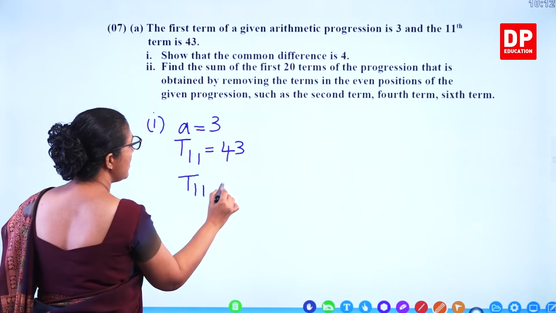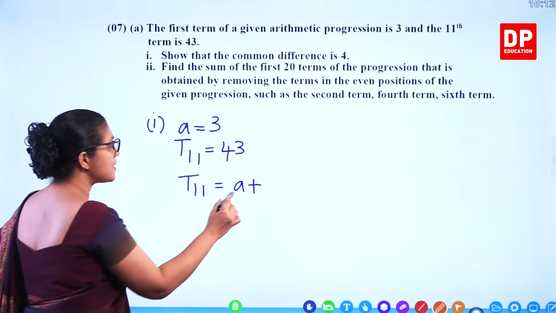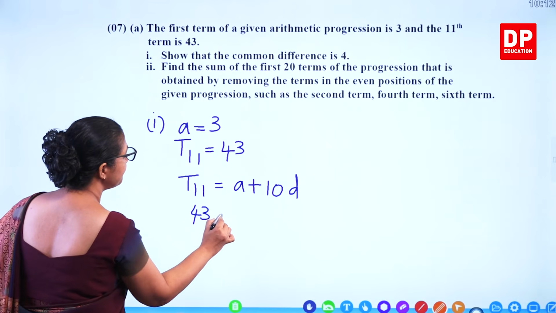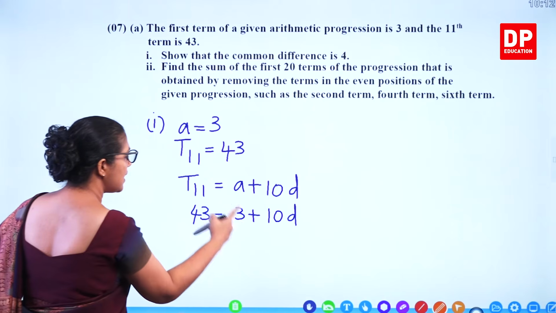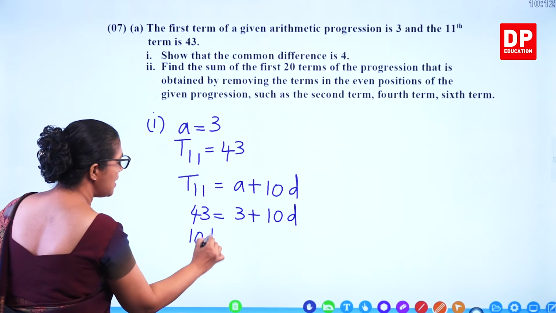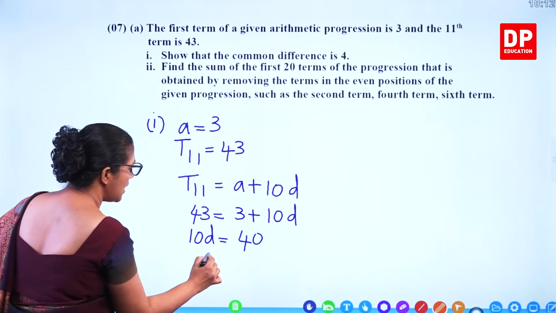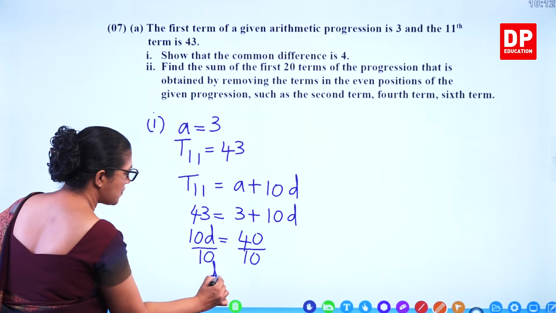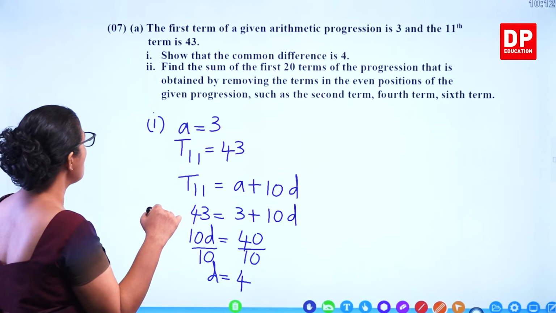So T11 is first term plus 11 minus 1, that means 10d. So that's equal to 43. a is 3, plus 10d. Take 3 to the other side. So 10d becomes 43 minus 3. That's 40. Divide by 10. d becomes 4. So that's how you can show this.